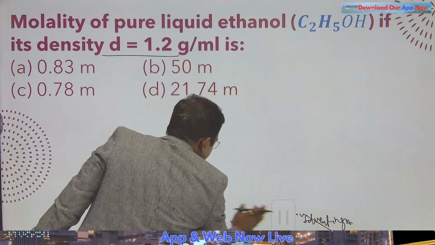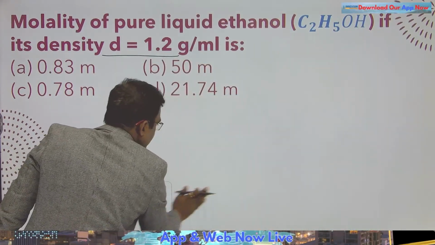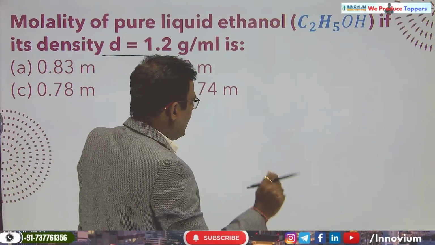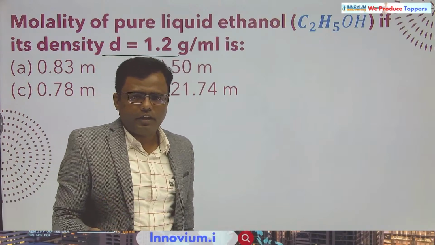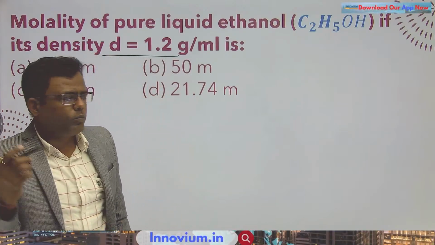In that comparison, you'll get to know under which condition in a dilute solution molarity will become greater than molality, less than molality, and equal to molality.